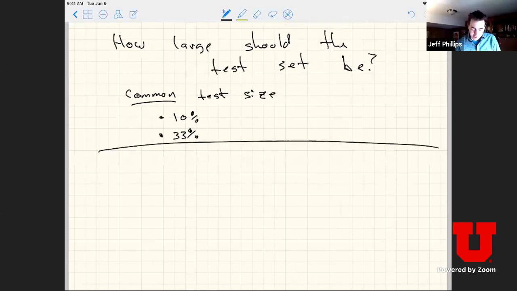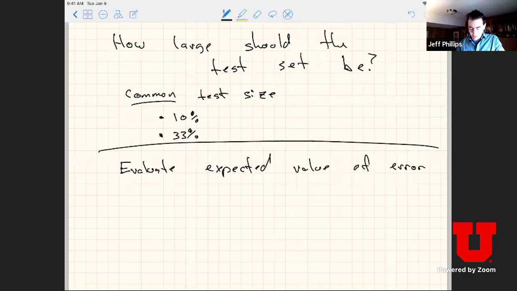The right way to think about this is that you're trying to evaluate the expected value of the error by averaging n test of these observations.